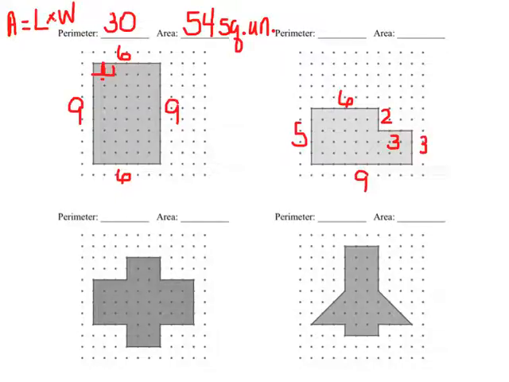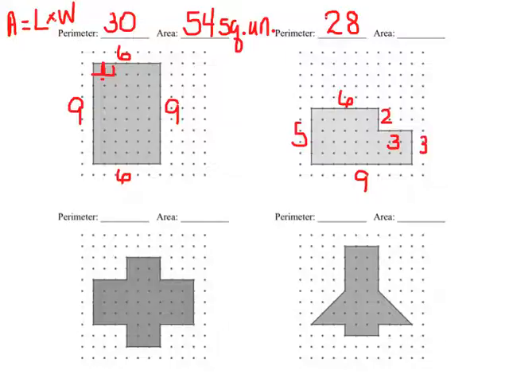So to find my perimeter, I add all my sides together. I have 5 and 6 is 11, 2 more is 13, and 3 is 16, and 3 more is 19, and then 9 more is 28. So my perimeter is 28.